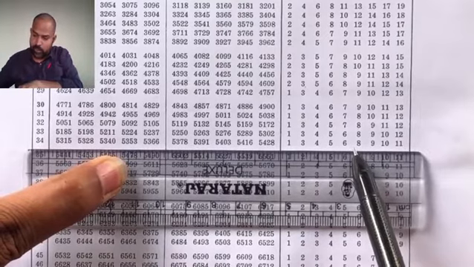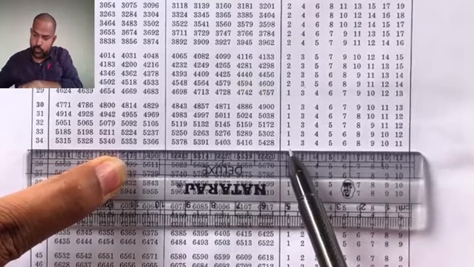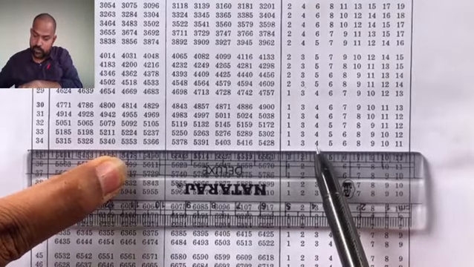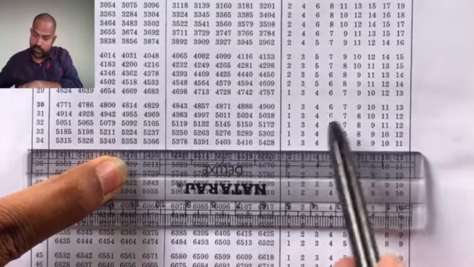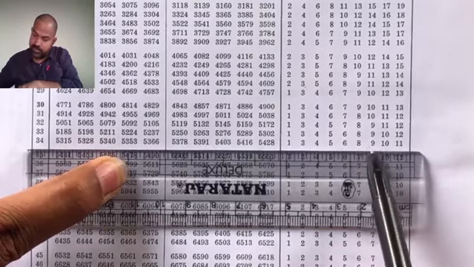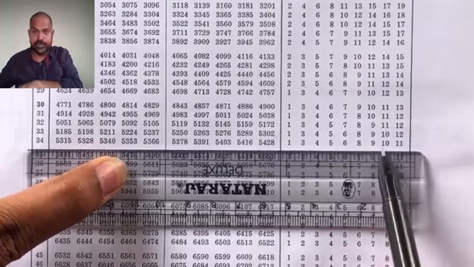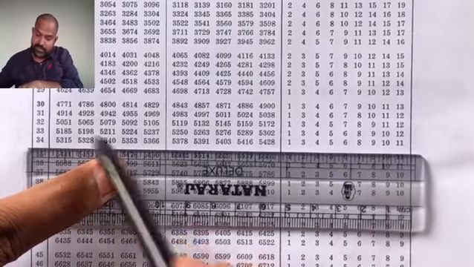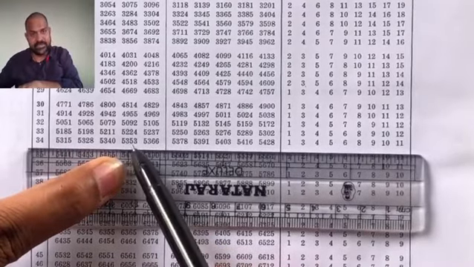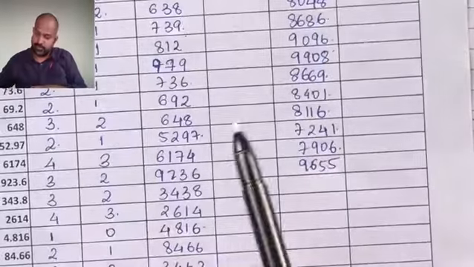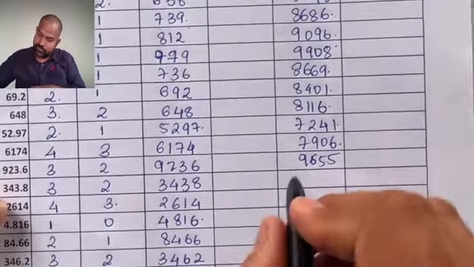So it is going to be 1, 2, 3, 4, 5, 6, 7, 8. The entry there is 10. So 343 is 5353 plus 10 is 5363. So your mantissa is 5363. So let's write that down. 5363.